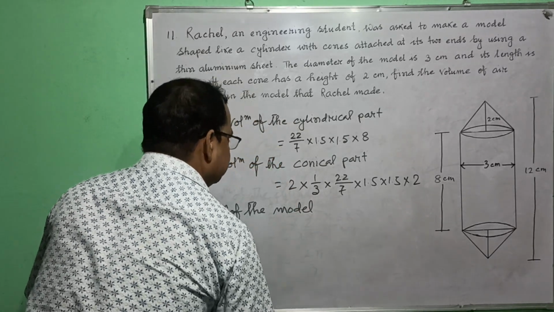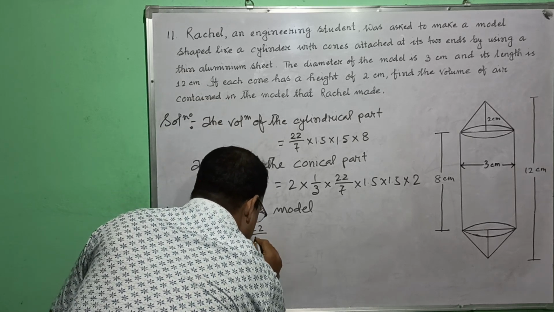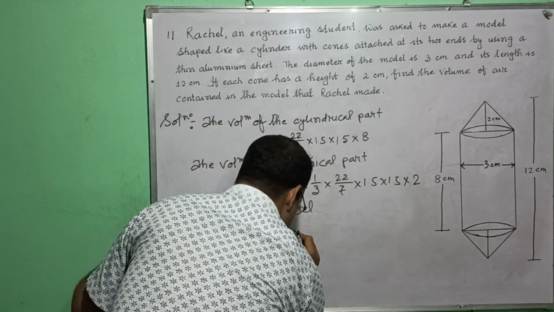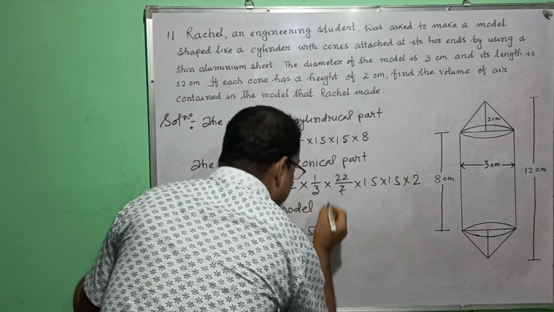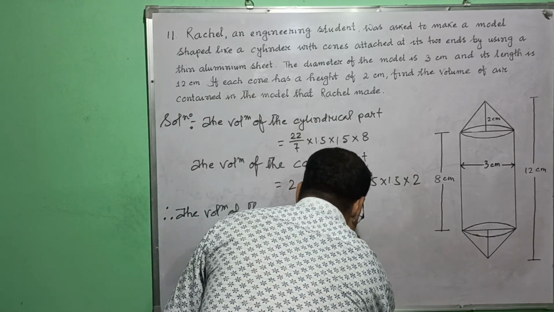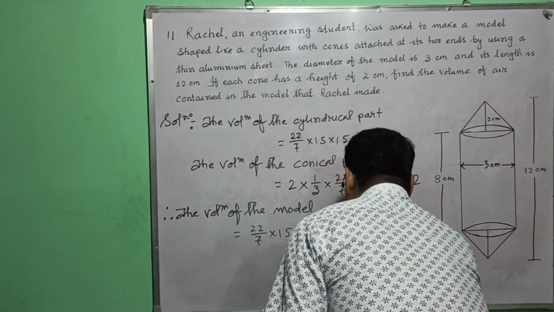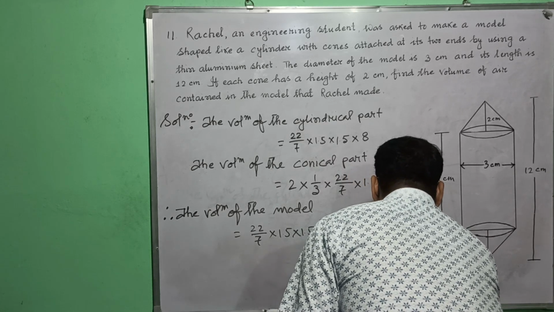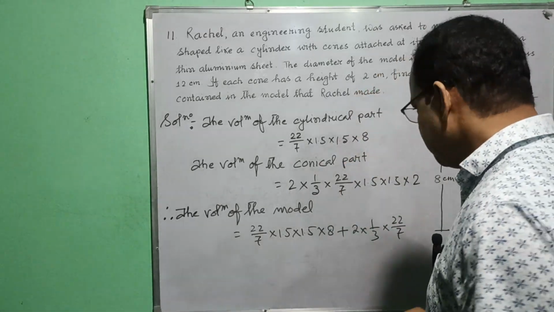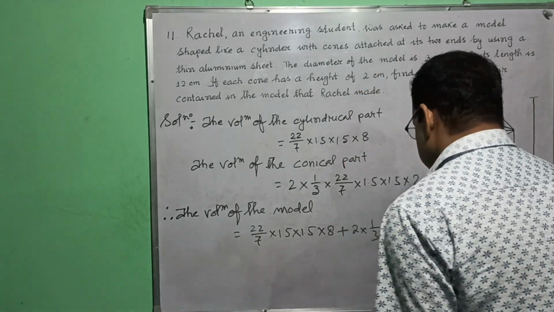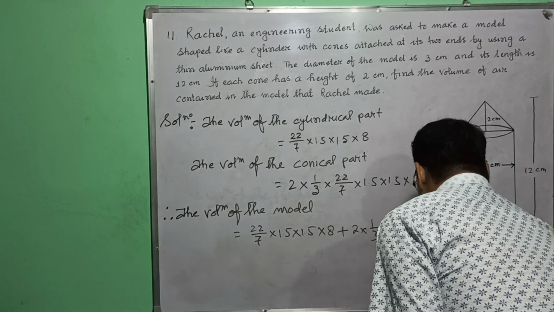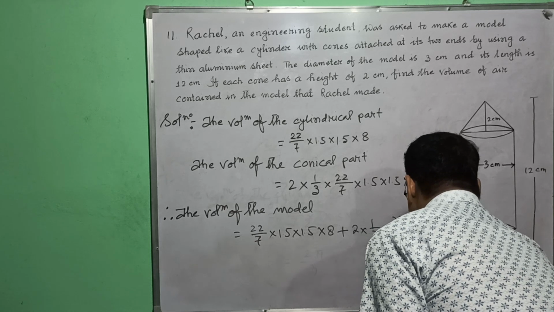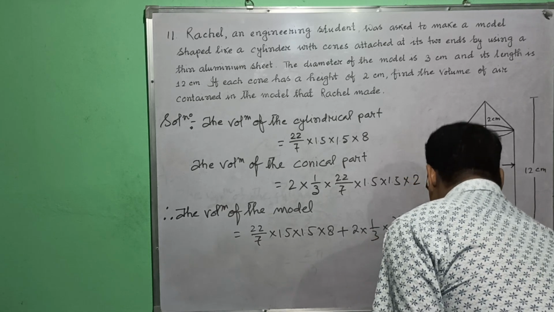So we'll write here 22 by 7 into 1.5 into 1.5 into 8 plus, then here 2 into 1 by 3 into 22 by 7 into 1.5 into 1.5 into 2.